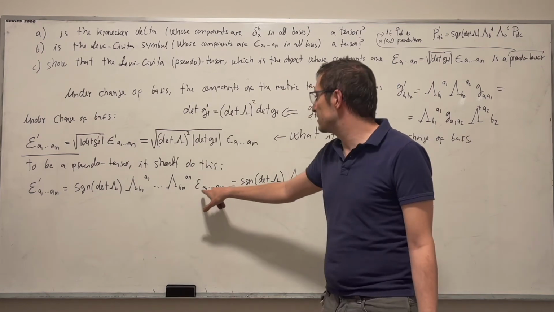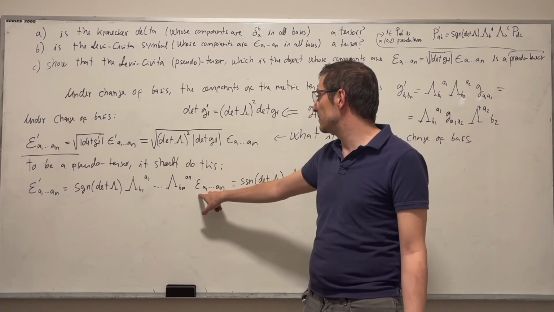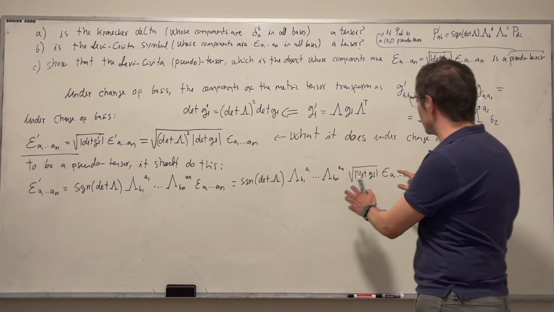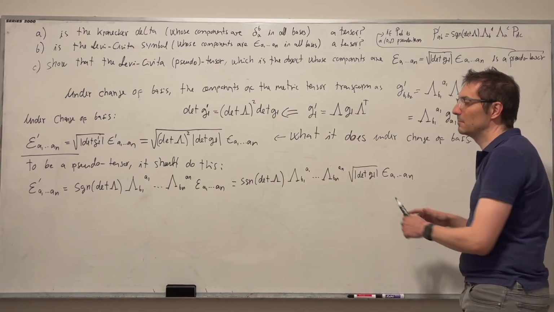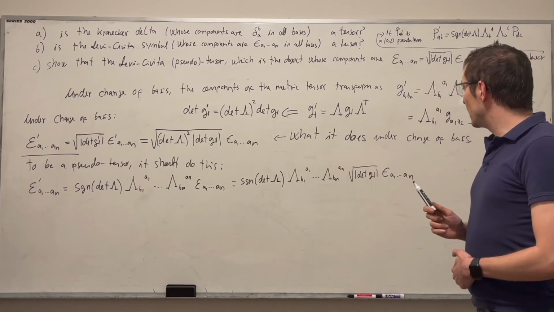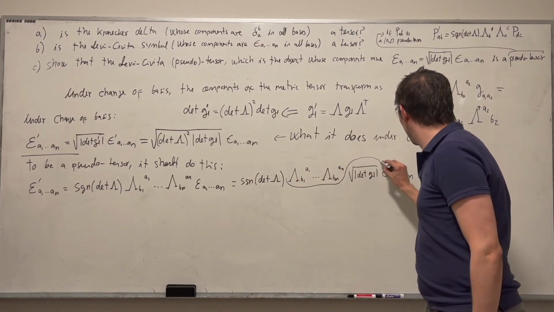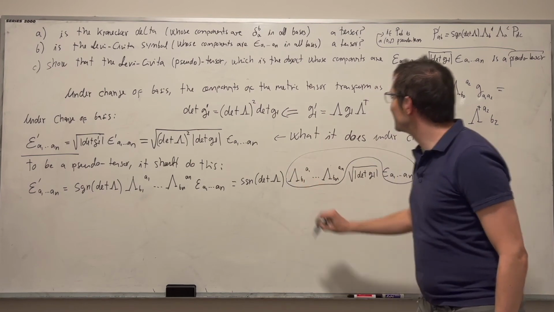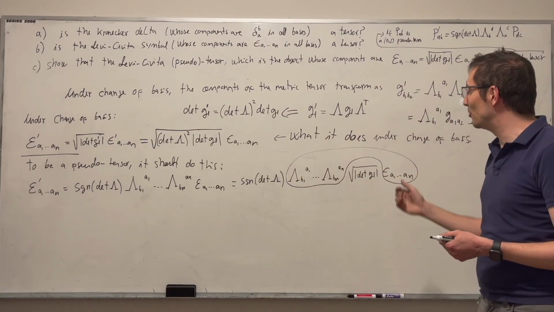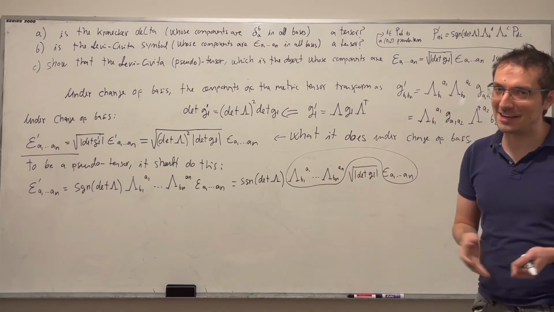And this is before the change of basis, the Levi-Civita tensor. Now I can write this in terms of the determinant of the metric and the Levi-Civita symbol. Look at this thing. This is again the same kind of identity we had from before. This thing is one of the determinant identities that we saw.